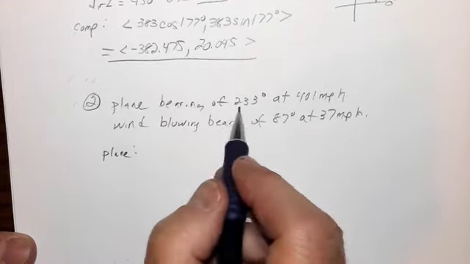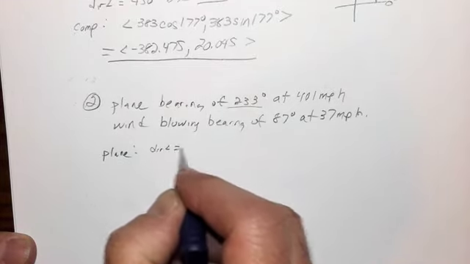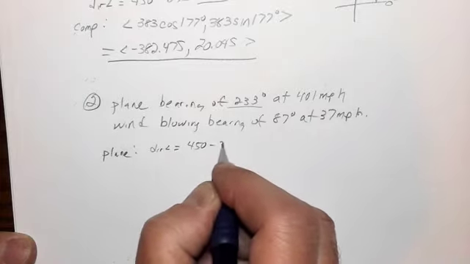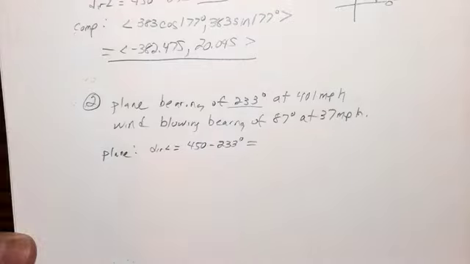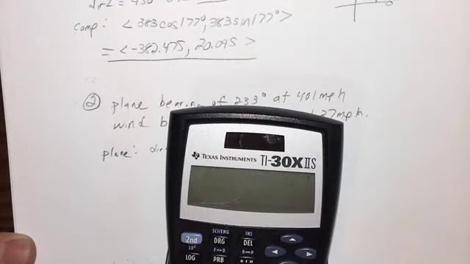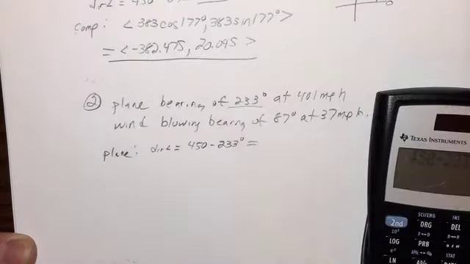a bearing of 233, the direction angle would be 450 minus 233, which, take your calculator, gives 217 degrees.